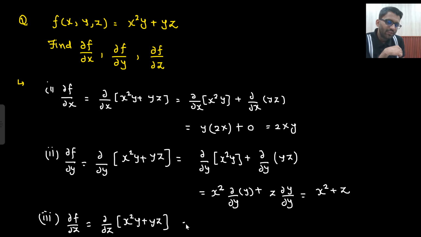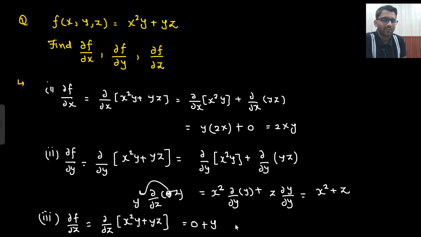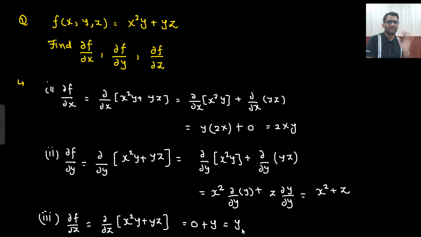The first term gives 0, because there is no term of z in it. In the second term, del by del z of yz, y comes out as a constant, and del z by del z gives 1. So y into 1 is y only. That's why you are getting y here. Very simple. I hope you already know this much of the basics. So this was partial differentiation.